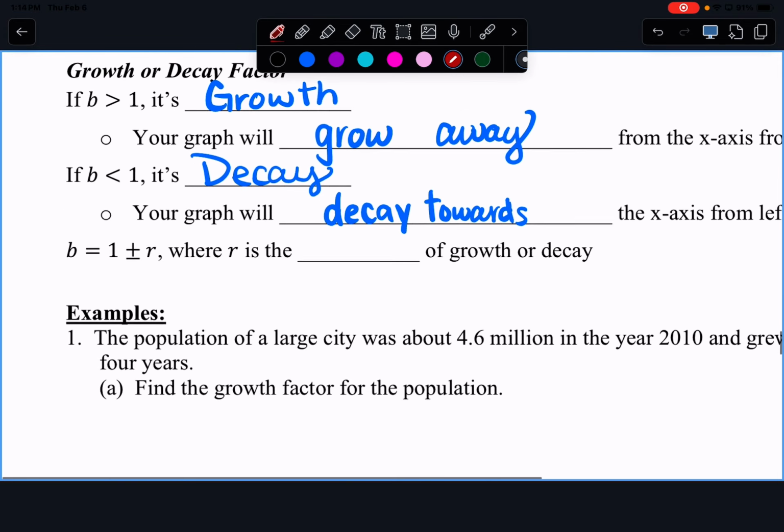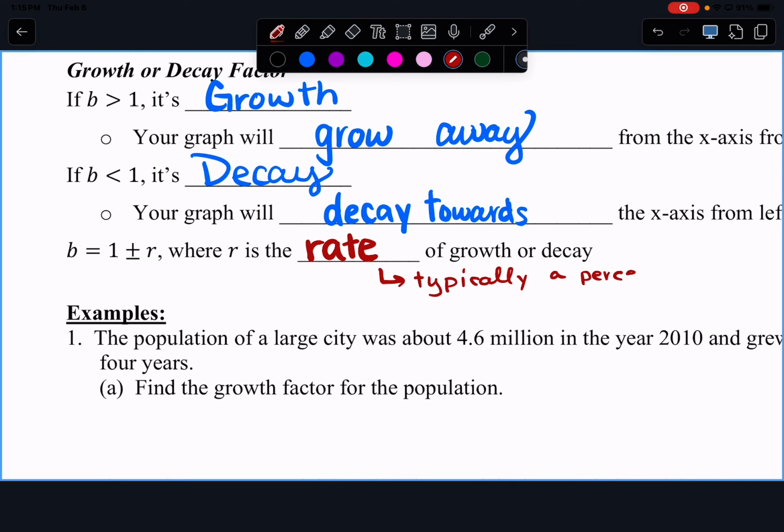So b is equal to 1 plus or minus r, where r is your rate. That rate is typically a percent.